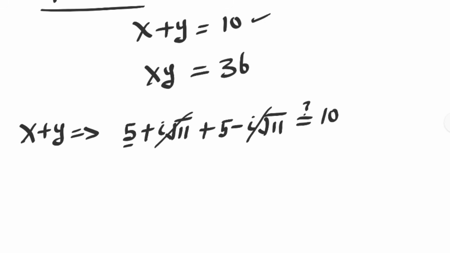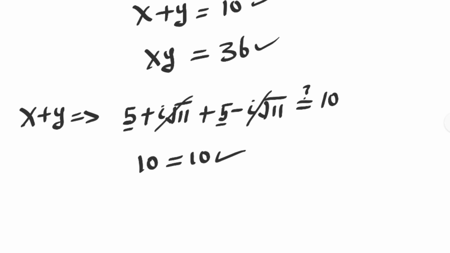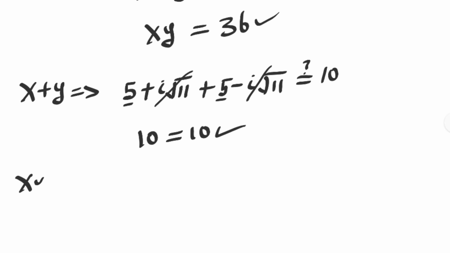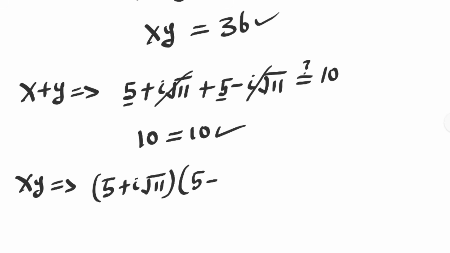We have 5 plus 5, this is 10 is equal to 10, which is true. Let us consider this. xy is 5 plus i square root of 11 multiplied by 5 minus i square root of 11 must be equal to 36.